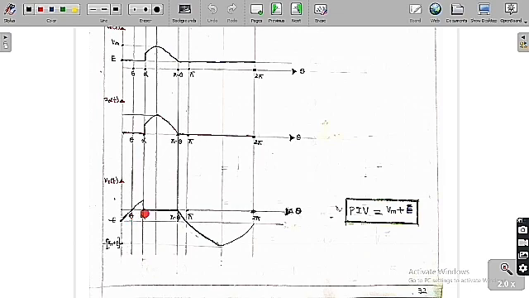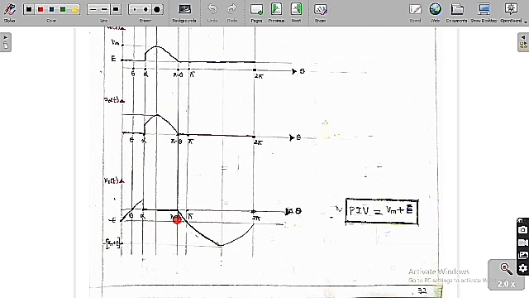Whereas from theta to alpha, Vs is greater than E, so it will be in the forward blocking mode, but we have not given the triggering pulse. Because it is an open circuit, the voltage across the thyristor is equal to source voltage minus E. This is the graph we are going to get.